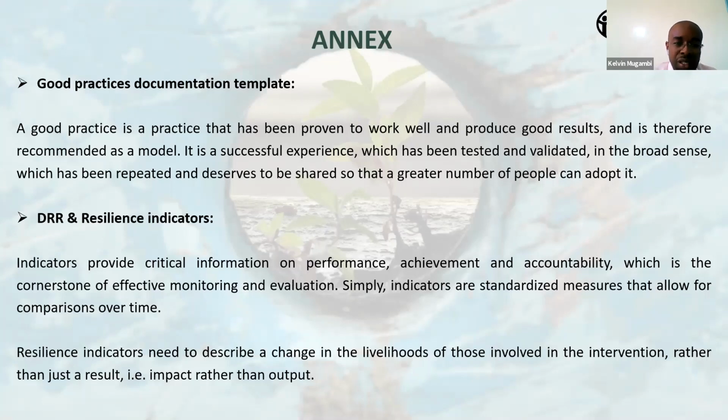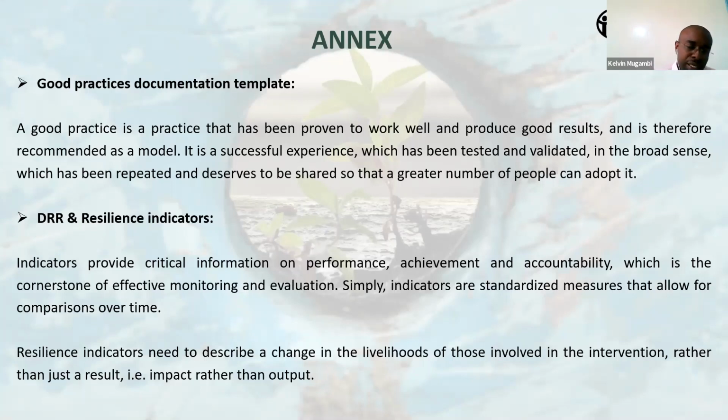The other document is on the DRR and resilience indicators, and we've mentioned the term indicator a lot. An indicator provides critical information on performance, achievements, and accountability, which is the cornerstone of effective monitoring and evaluation. Simply, indicators are standardized measures that allow for comparison over time.